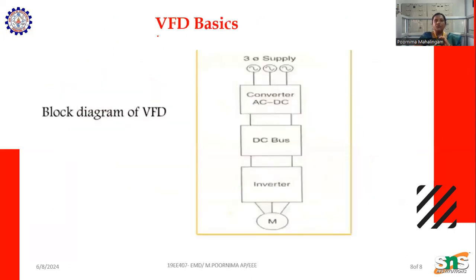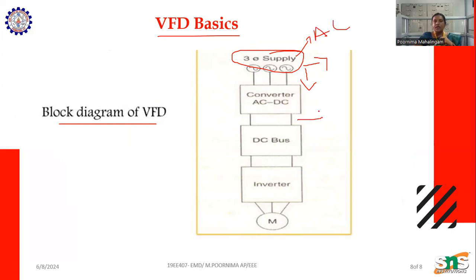Now coming to VFD basics. Here we can see the block diagram of a VFD. Here we can see the three-phase supply. This three-phase supply is given to the converter, that is AC to DC, because the available supply is AC. This AC supply is converted to DC supply, and this DC supply is transferred through the DC bus bar and reaches the inverter.